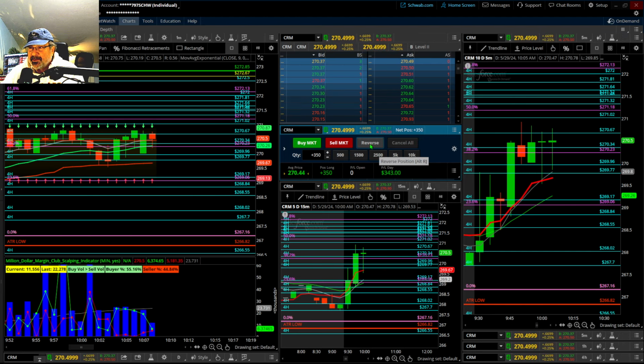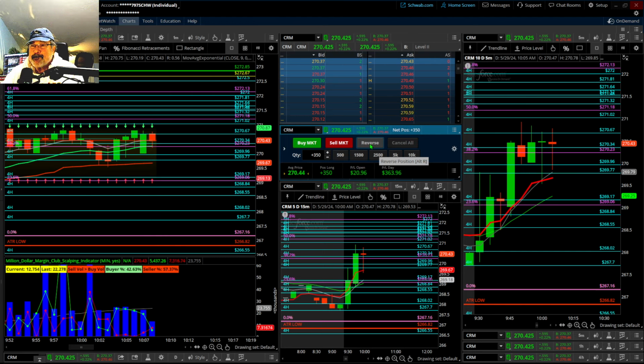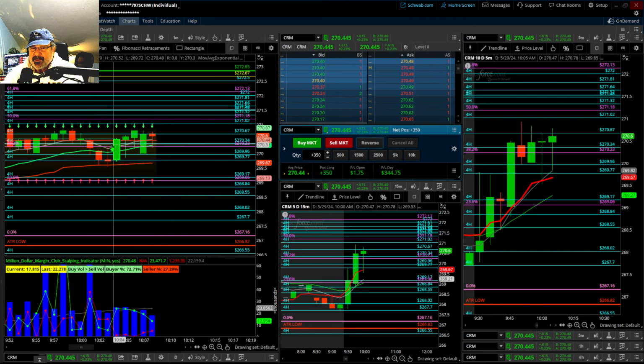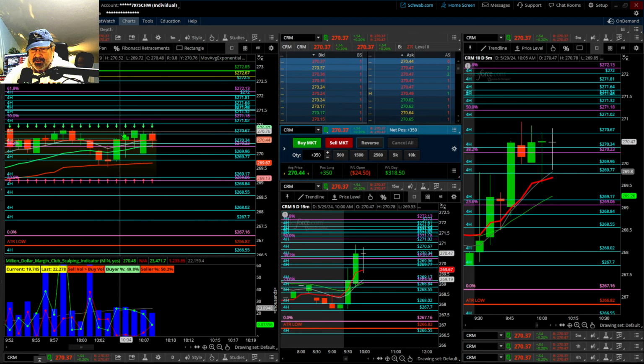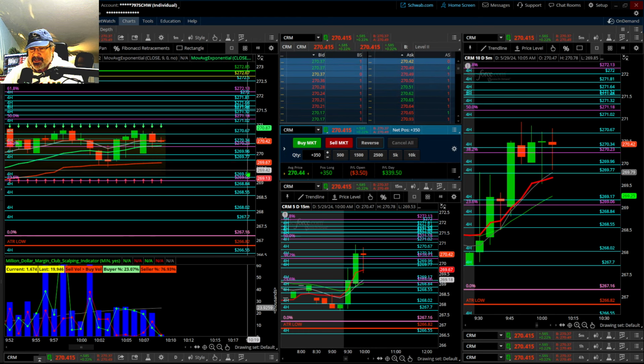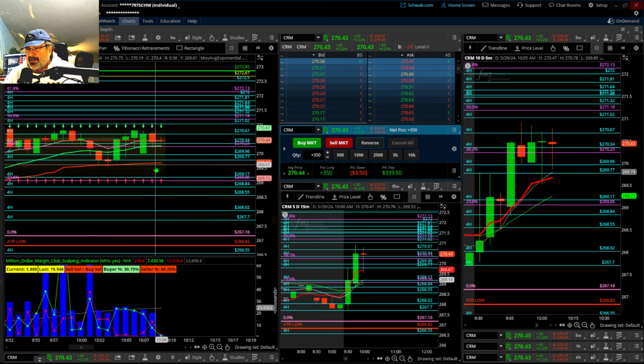So it's just stopping at this level right here and these arrows right here. So we need to see a stronger move down here so we can actually get some bigger price action. So, of course, I'm going long as it's stair-stepping down.